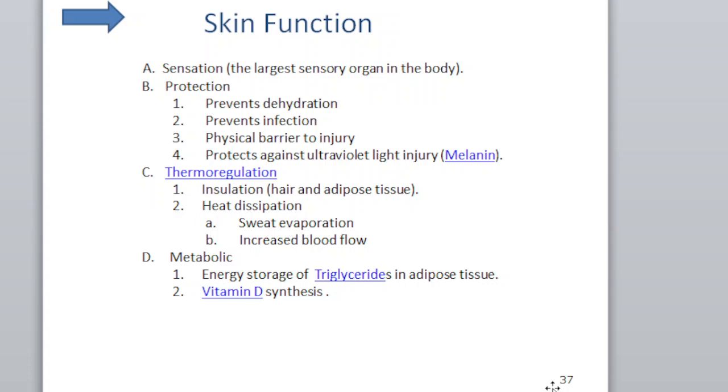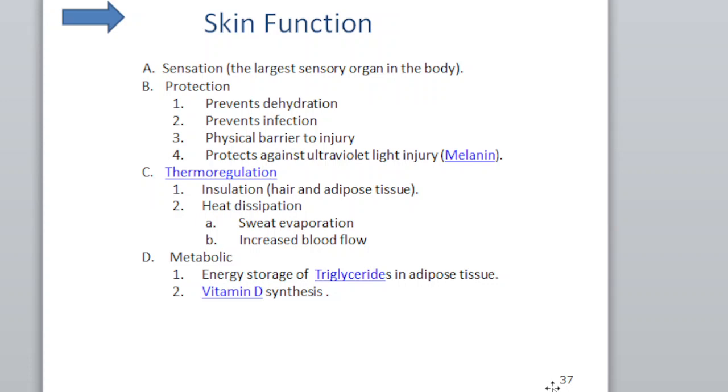Skin function. A. Sensation, the largest sensory organ in the body. B. Protection. 1. Prevents dehydration. 2. Prevents infection. 3.